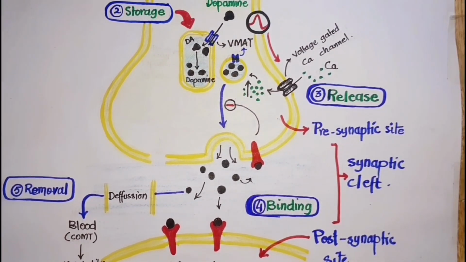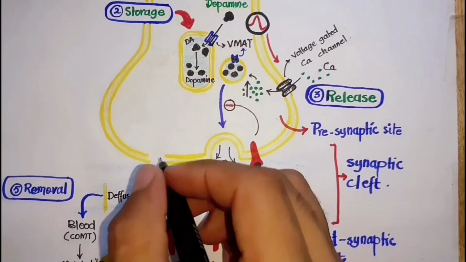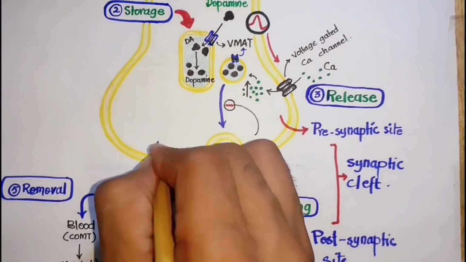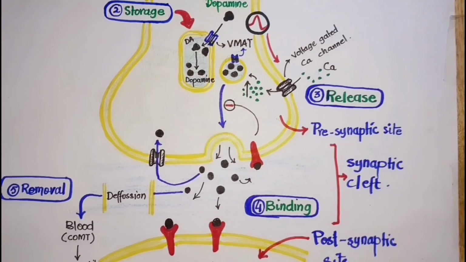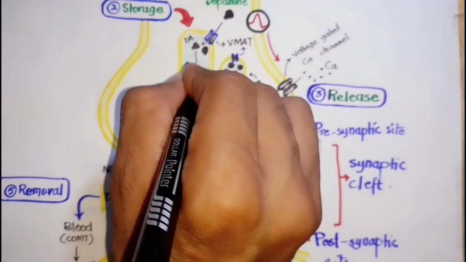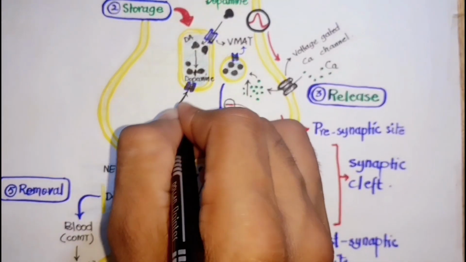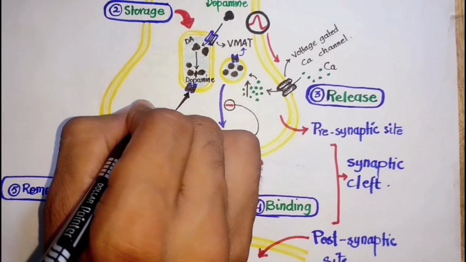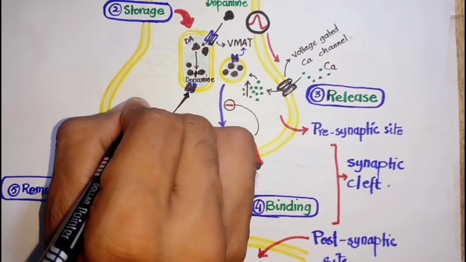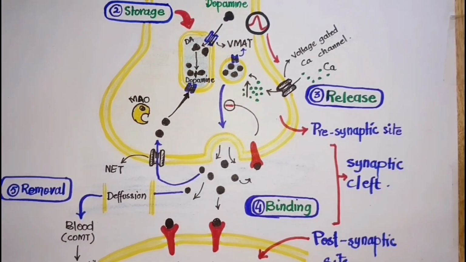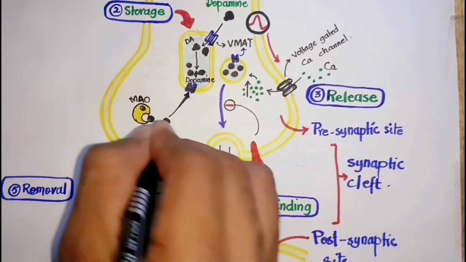But here, most of the norepinephrine released is taken back into the same nerve terminal by a transporter called the norepinephrine transporter, where norepinephrine is stored back in the synaptic vesicle for the next release, or it may be oxidized by the neuronal mitochondrial enzyme monoamine oxidase and the metabolites excreted in urine.